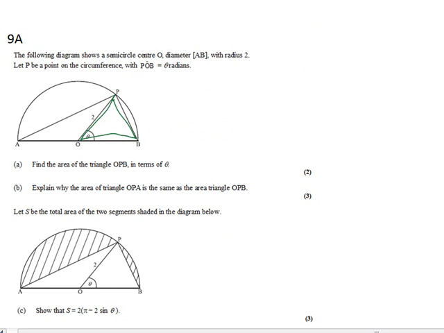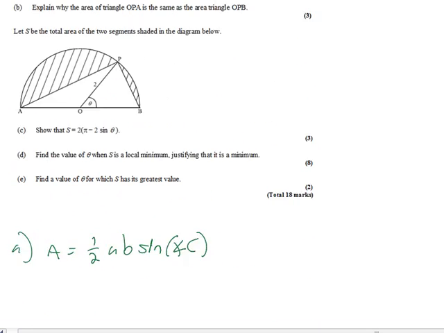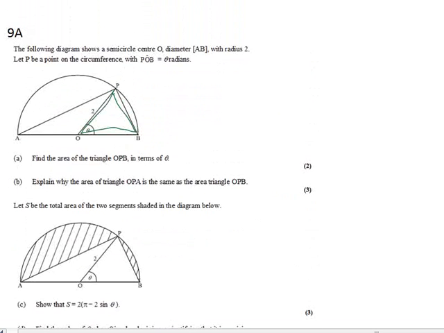Now in general, the area of a triangle is 1/2 ab sine of angle C, where C is the angle between a and b, which are two of the sides of the triangle. I know one of the sides, but I also know a second. This side also has to be 2 because OB is also a radius of the circle.